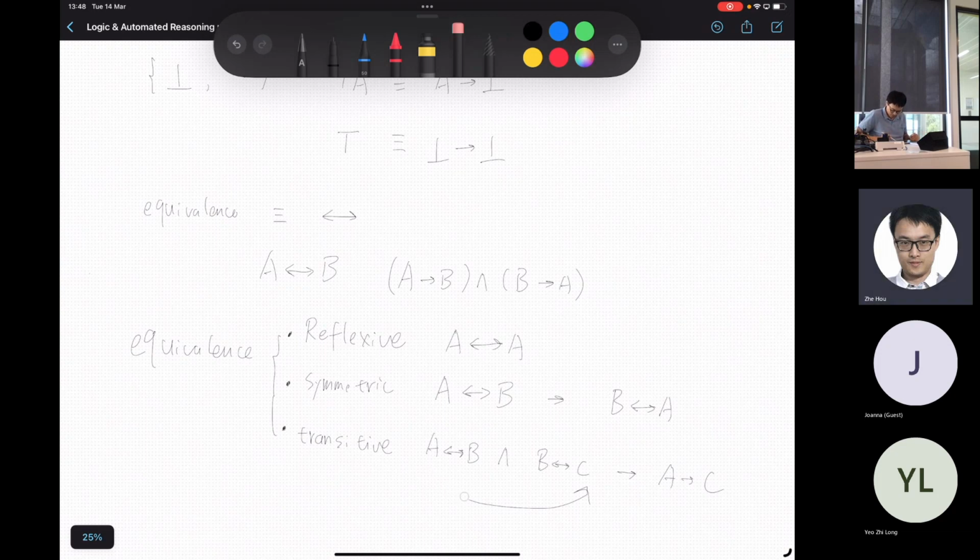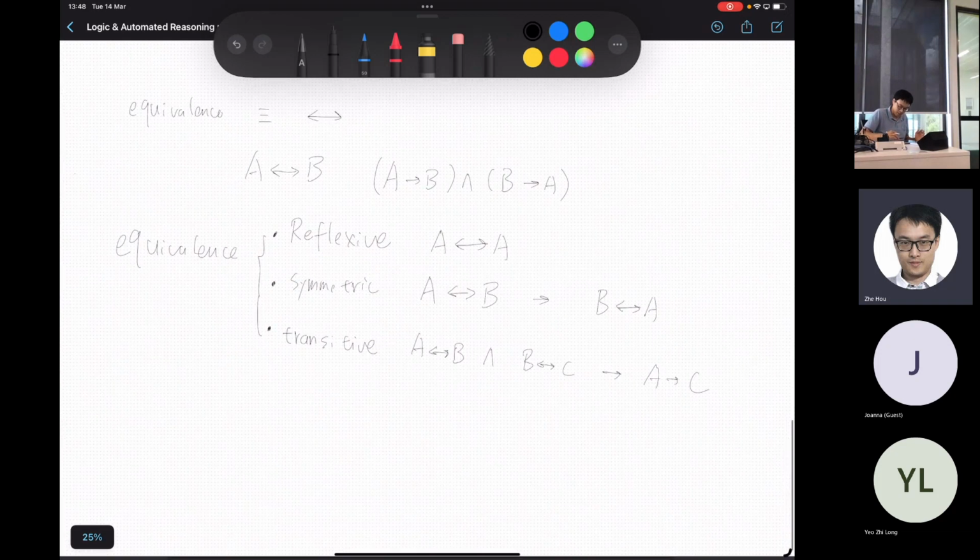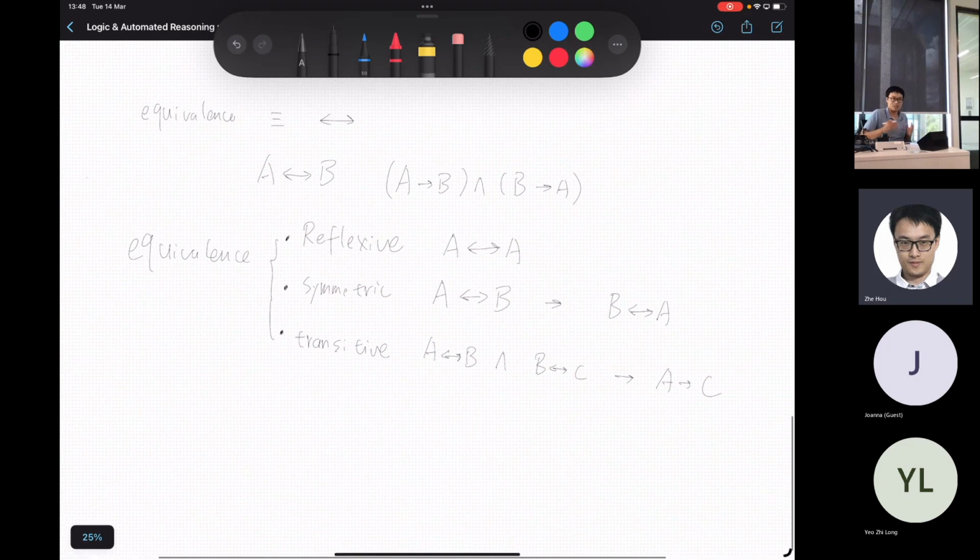Any relation that satisfies these three properties is an equivalence relation. So we can take an example of an equivalence relation.